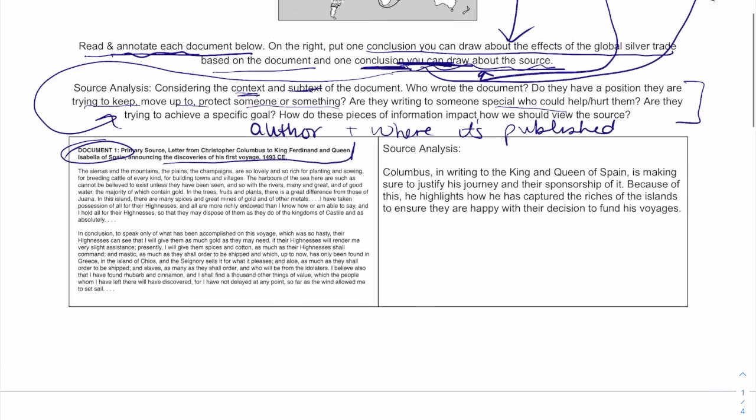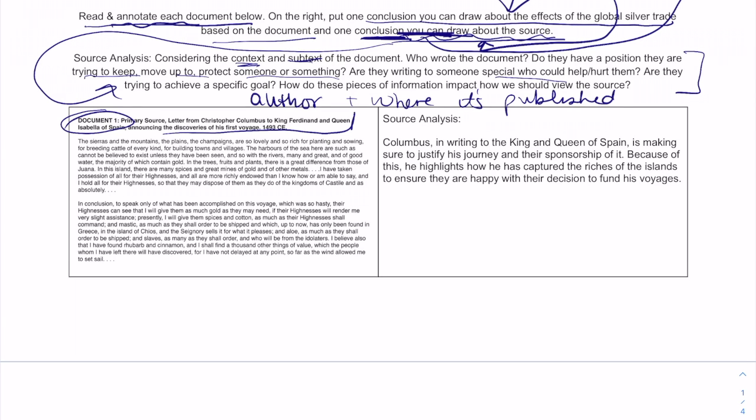So an example of me doing this source analysis is here. This is a document that I took from the set of documents we worked with last week about the Columbian Exchange. First I read the document. I also read about the author. It says, primary source, letter from Christopher Columbus to King Ferdinand and Queen Isabella of Spain, announcing the discoveries of his first voyage, 1493. And he talks about how lovely, how rich, how they contain gold.